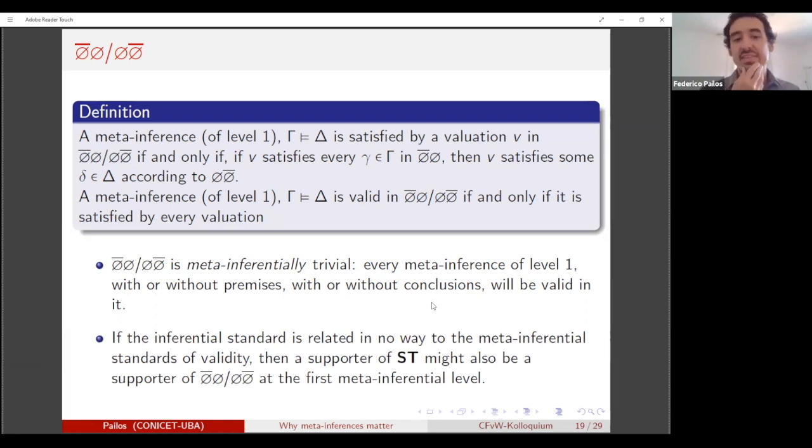So if the inferential standard is related in no way to the metainferential standard of validity, then a supporter of ST might also be a supporter of this one at the first metainferential level. If Ripley's position is correct, if one can support ST without taking any commitment at all about the metainferential level, then anything goes at that level, anything is possible. So it is possible to combine ST at the inferential level with this thing at the metainferential level, which is metainferentially trivial.